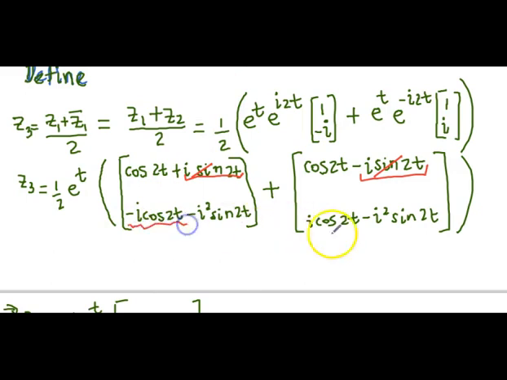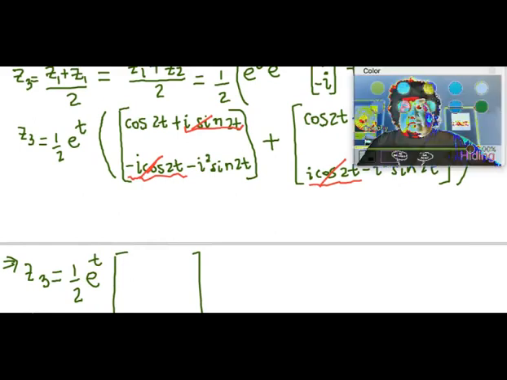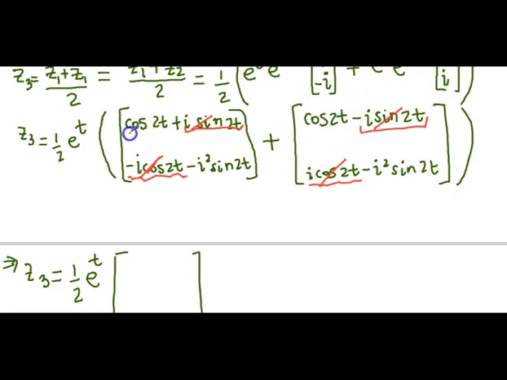where the imaginary term involves cosine, so these terms are going to cancel. So what we're left with is, in the first entry, the only surviving terms are the real terms, and we end up with 2 times cosine of 2t.